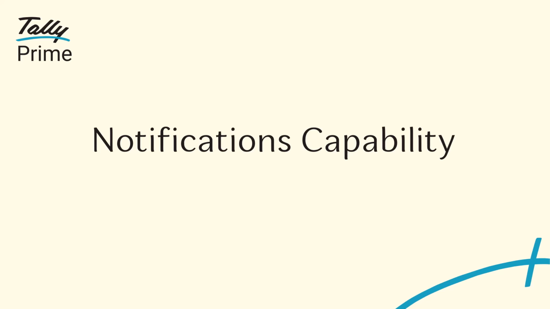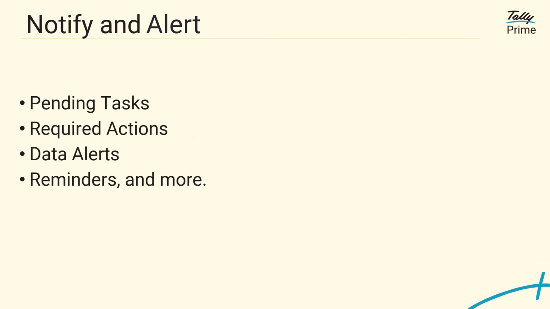We are excited to introduce a new definition type in TDL, notification, available from TallyPrime Release 7.0. As TallyPrime continues to evolve, you'll often need a structured way to inform users about pending tasks, required actions, data alerts, reminders, and more. The notification definition provides a powerful and standardized way to deliver such alerts.